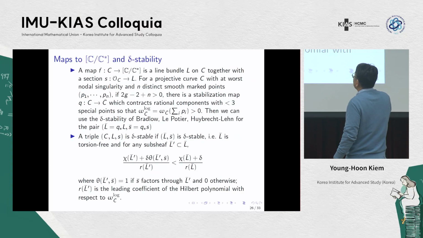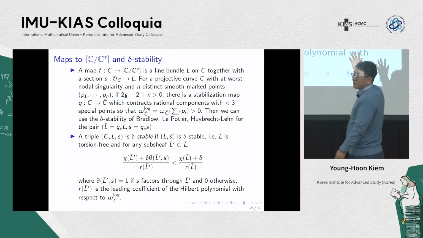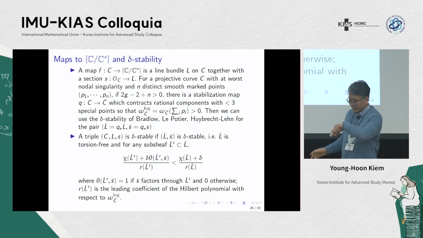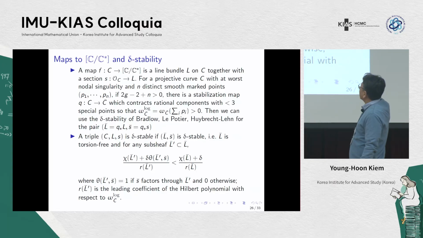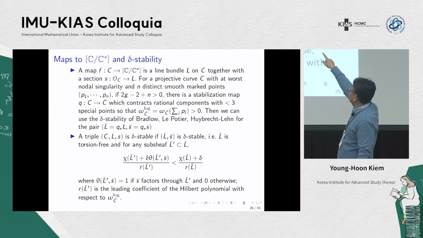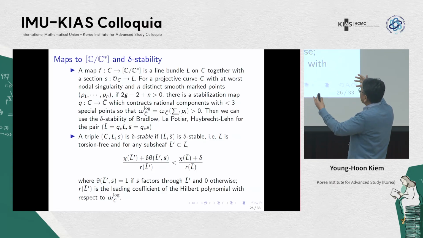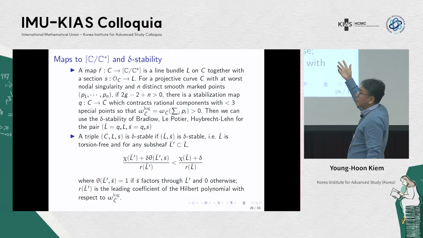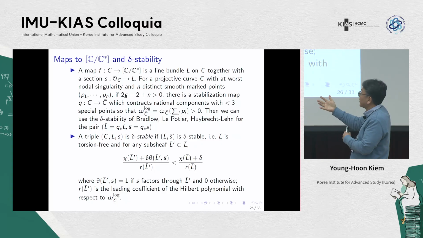So what are the stability conditions that we considered? These are stability conditions that are quite familiar to many people here. If you have a map from a semi-stable curve to C mod C star, a map from C to C mod C star is equivalent to a line bundle L on C together with a section.